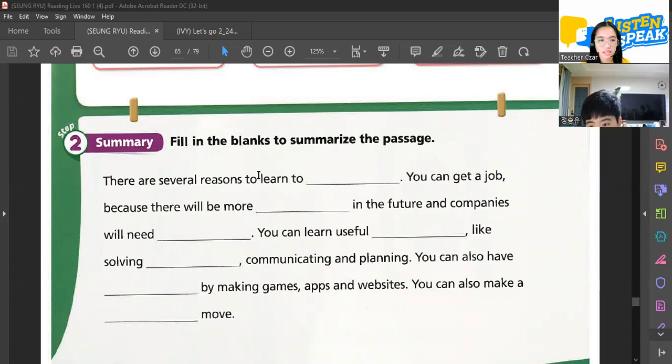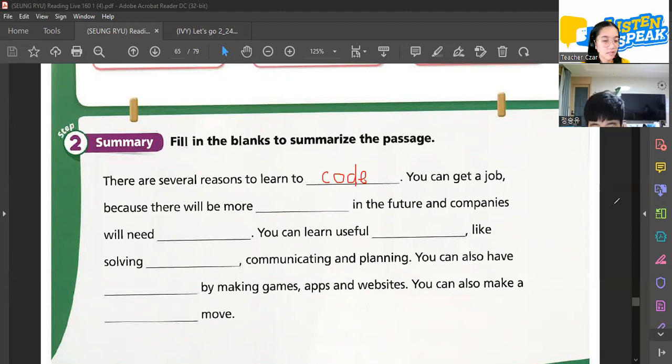There are several reasons to learn to blank. What do you need to learn? It starts with letter C. Coding. What is our topic? It only has 4 letters. Code. Good. Next one.